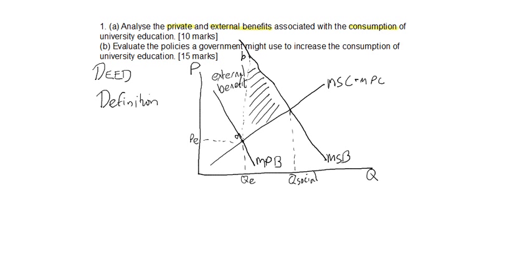So let's run through that again. What you needed to do was draw this diagram, explain it, and in doing so, define the private and external benefits, and the fact that because there's an external benefit, there's a positive externality. And you also need to give examples.